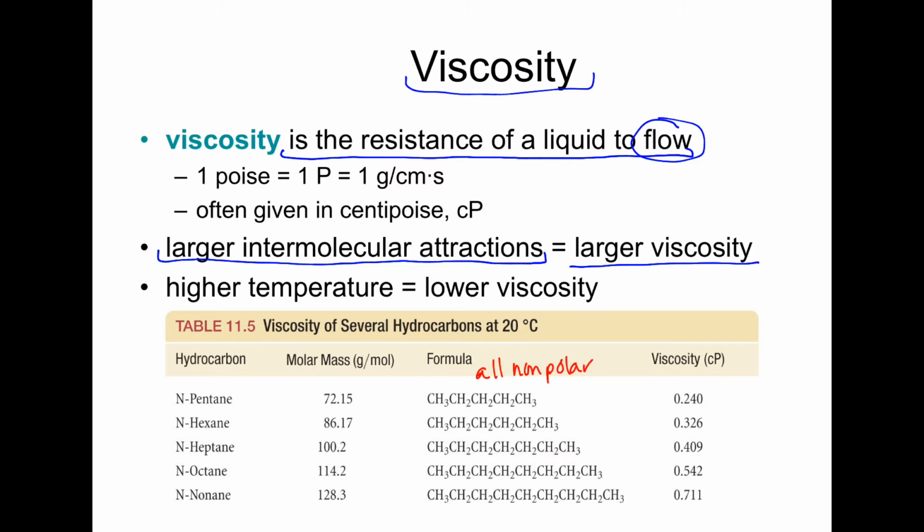And that means the only intermolecular force that's really available to them, the only one that they can exhibit, are dispersion forces. And those are the weakest of the intermolecular forces we've talked about. So if they're all made out of the same thing, they're all nonpolar, and they all have dispersion forces, the only difference between them is that each one is longer than the one before it. And that means that each one gets a higher surface area.